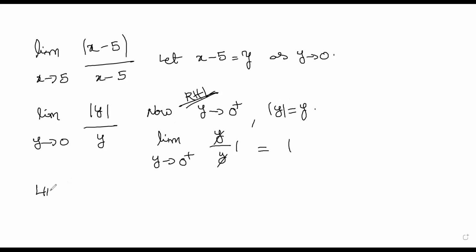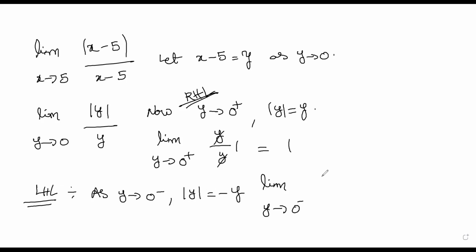And when I do the LHL, as y tends to 0 minus, you are going in the negative direction. So mod y is minus y, right? So the limit as y tends to 0 minus of mod y, which is minus y, by y, gives the value -1. The y gets cancelled to give -1.